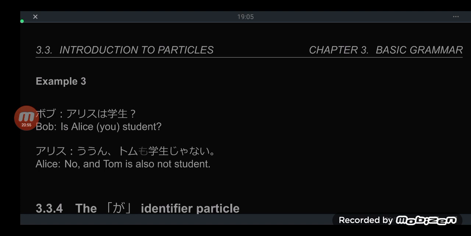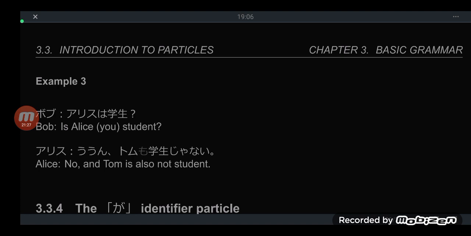Okay, please screenshot also this sentence. Bob asked a question. Alice wa gakusei. Let's say he doesn't know if Alice is a student, and then Alice replied, remember the prolonged form, which is a very casual form of no, Tom mo gakusei janai.